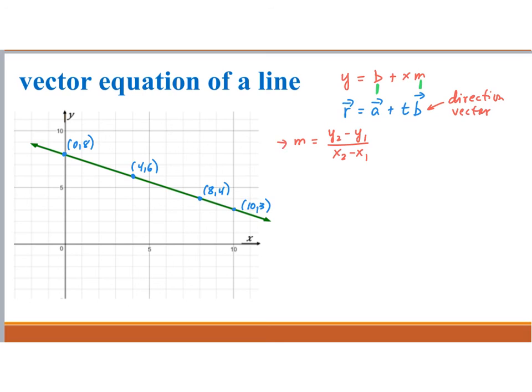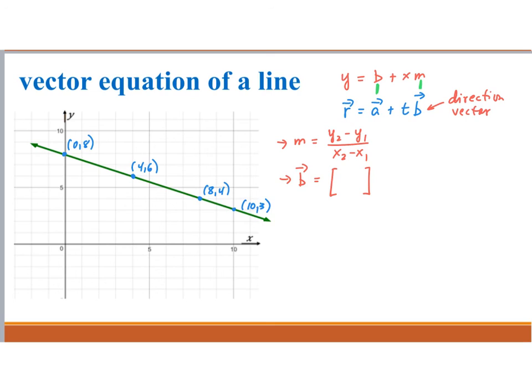The direction vector b is very similar, because to get the direction vector, you also choose any 2 points on the line and get the vector between them.